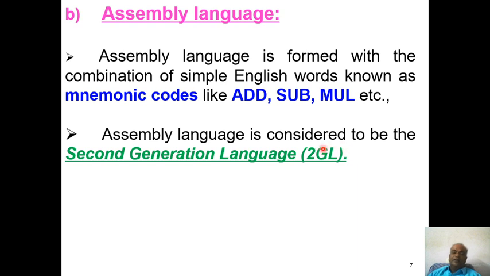Machine language is considered to be the first generation language. Assembly language is formed with the combination of English words known as mnemonic codes, and it is considered to be the second generation language.